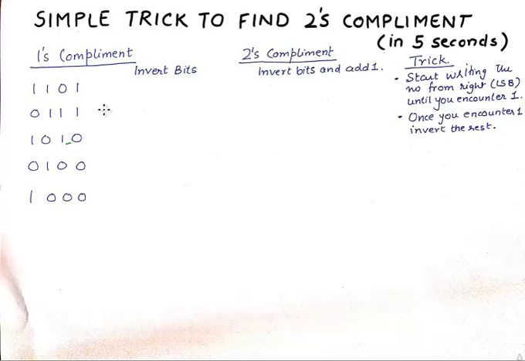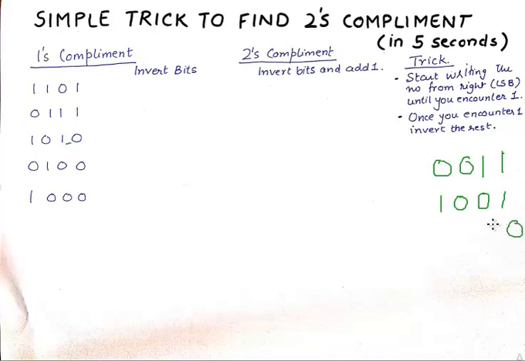That's pretty simple. So let's check this with the trick. We encountered a 1 here, and we invert the rest of the bits. So this 0 becomes a 1, this becomes 0, and this becomes a 0, right? Here we encountered a 1, and then we invert this, then we invert this, and then we invert this.